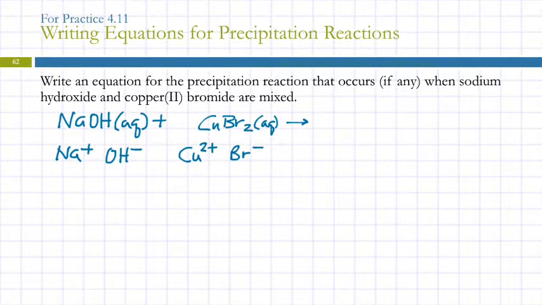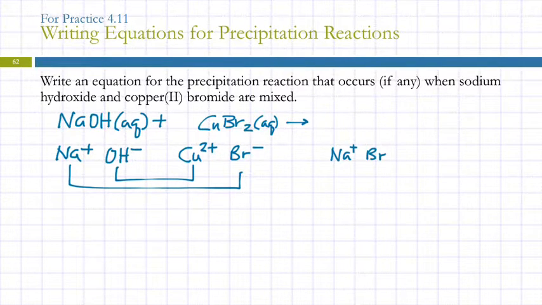So we're going to swap partners again. I'm going to try copper with hydroxide and sodium with bromide. So sodium with the bromide and copper 2 with hydroxide. Is sodium bromide soluble or insoluble? Soluble.